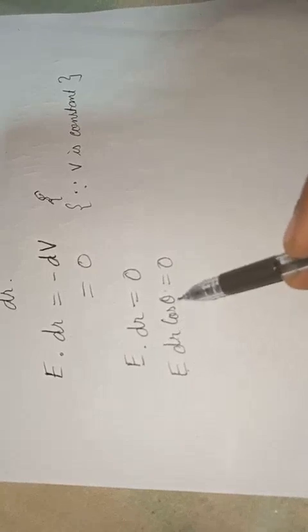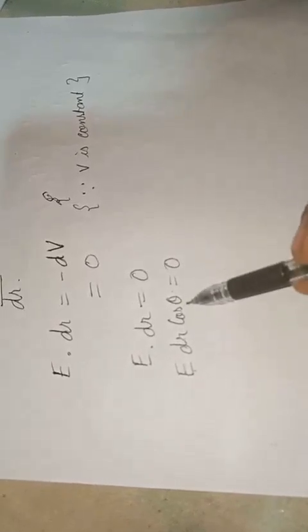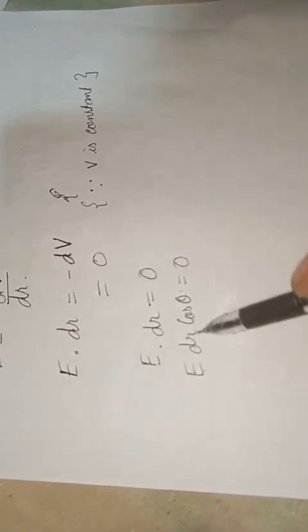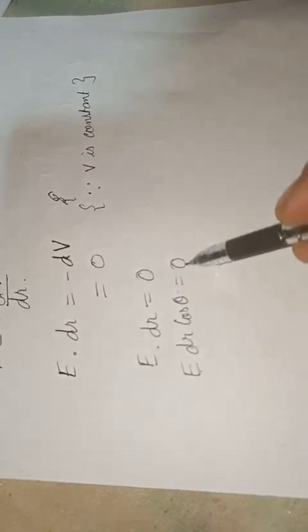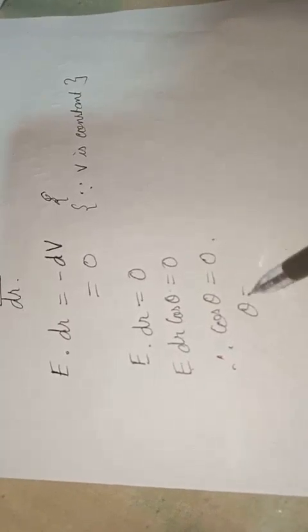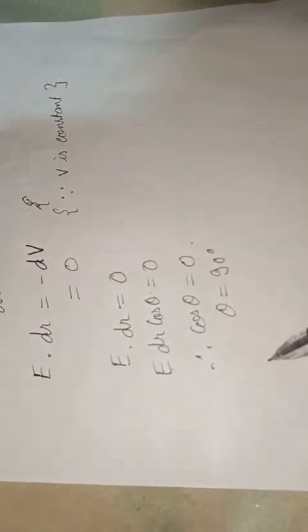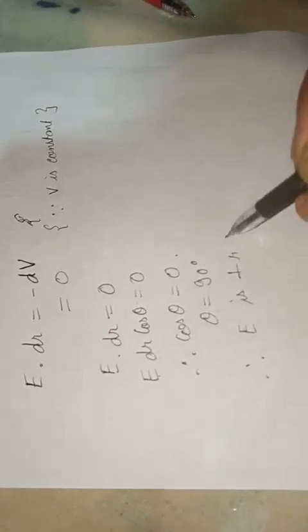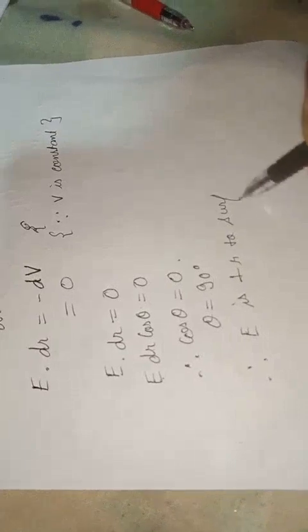So cos theta will be equal to 0, because this product can only be 0 if any one of these is 0, and it will happen only if theta equal to 90 degree. Therefore E is perpendicular to the surface of the conductor.